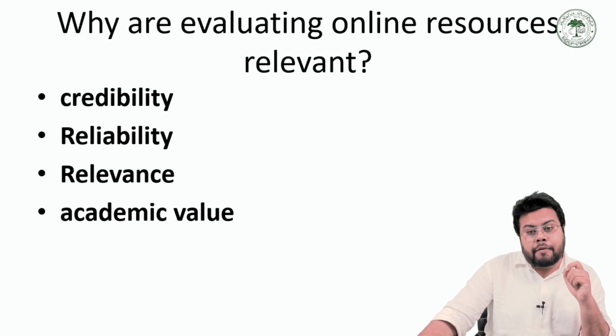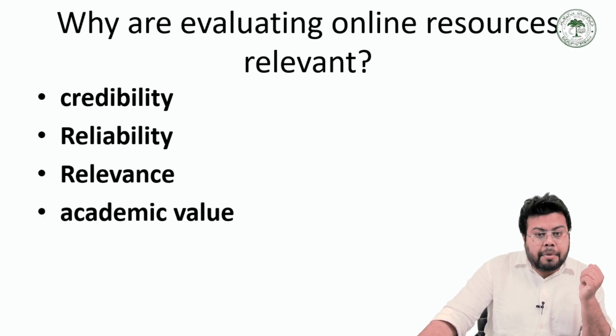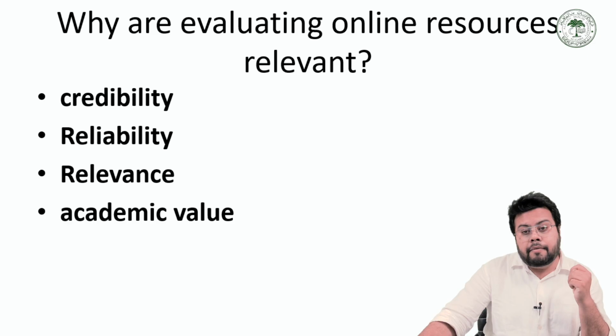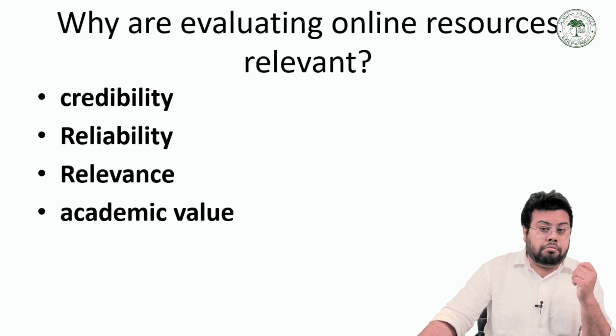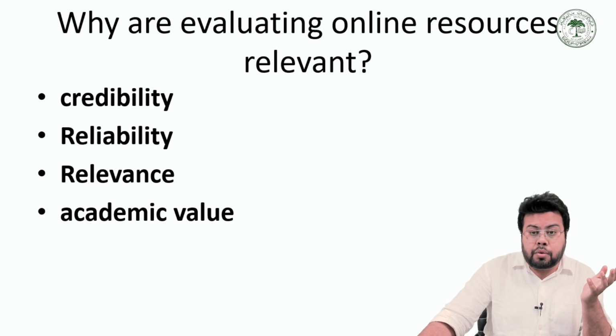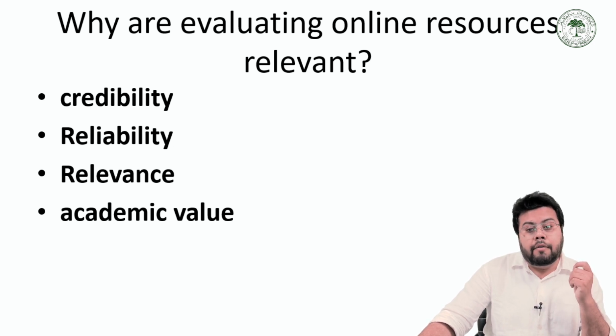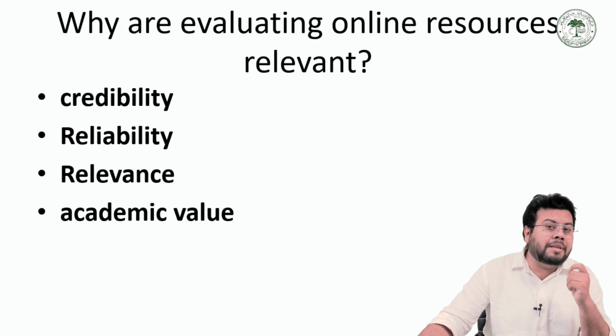The importance of evaluating scholarly sources cannot be overstated. Academic research is built on evidence. If the evidence that we use is weak, inaccurate, or false, our research becomes weak as well. For example, imagine writing a research paper on climate change using outdated statistics or unsupported claims found on an unreliable website.